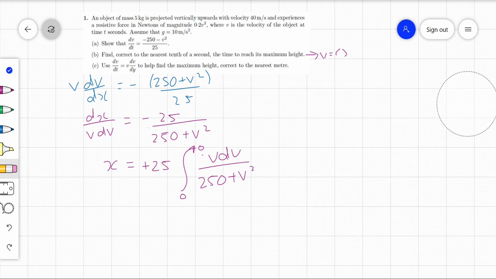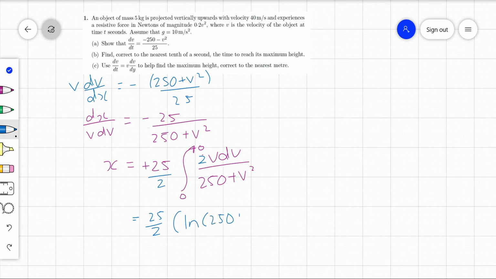All right, so as well as that, we really want a 2 there because the derivative of the bottom is 2v, so I need a 2 here. So you can see I'm going to get 25 on 2, and then I'm going to get a log. So I'm logging my 250 plus v squared between 0 and 40.